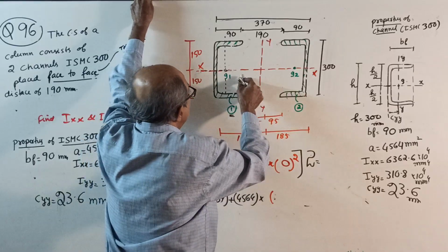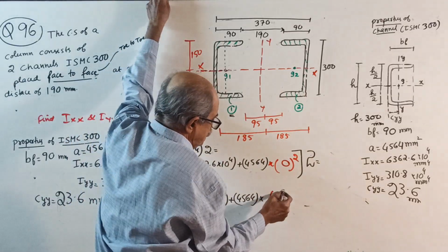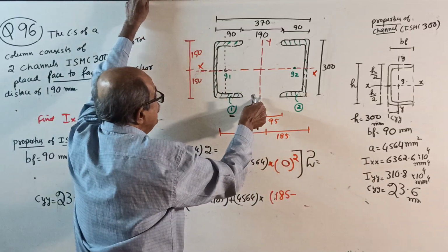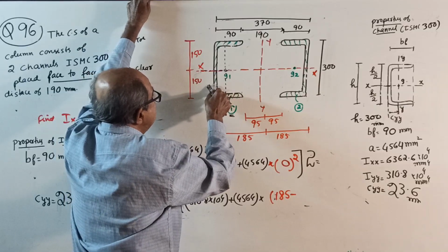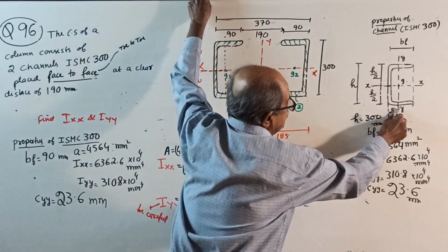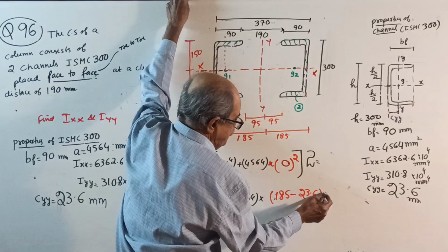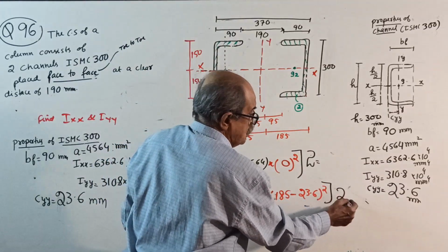Now this distance squared is 185 minus, see, from here to here is 185. Subtract only this distance, which is 23.6. 23.6 whole square. Then multiply by 2 for 2 channels.